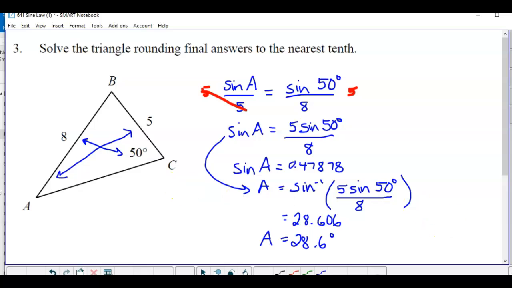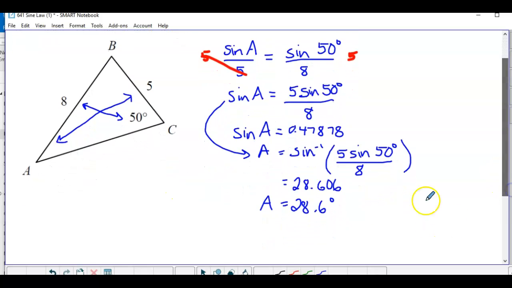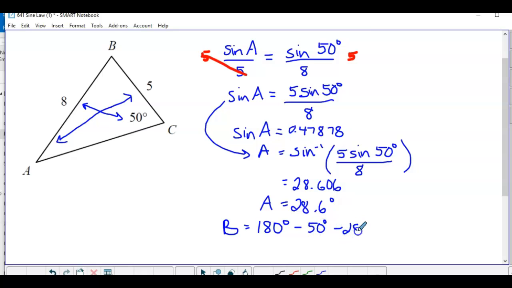Now, to get angle B, we just subtract, right? We already have this being 50, so angle B equals 180 minus 50 minus 28.6. And because none of these were rounded answers, they were all given, you can use the rounded value here.